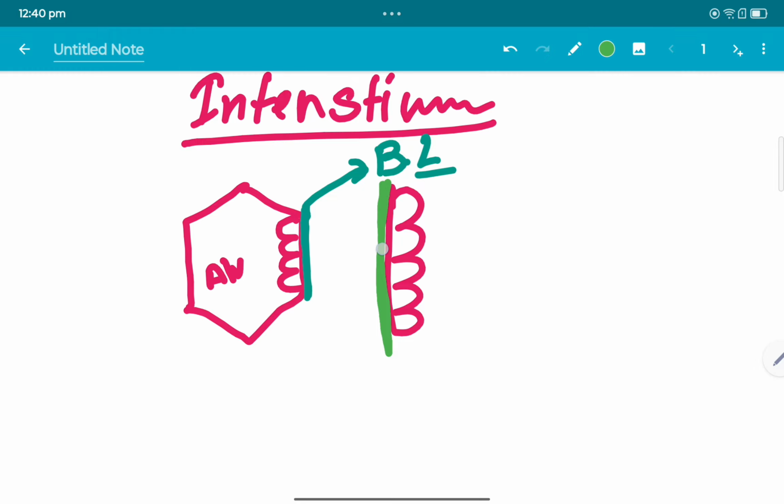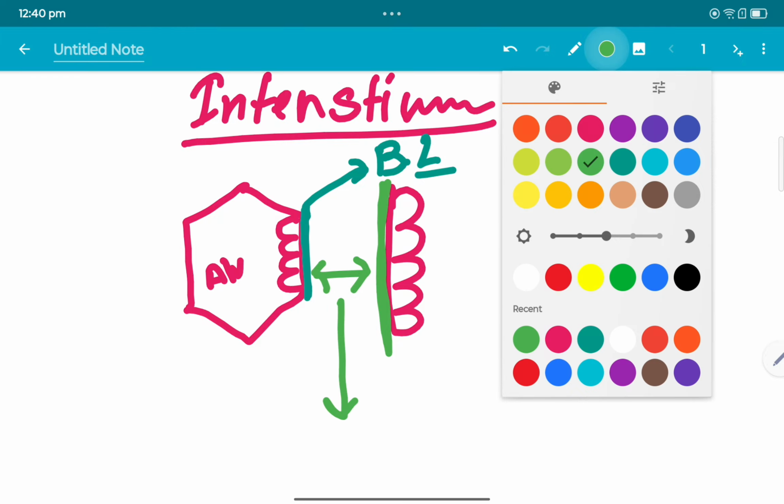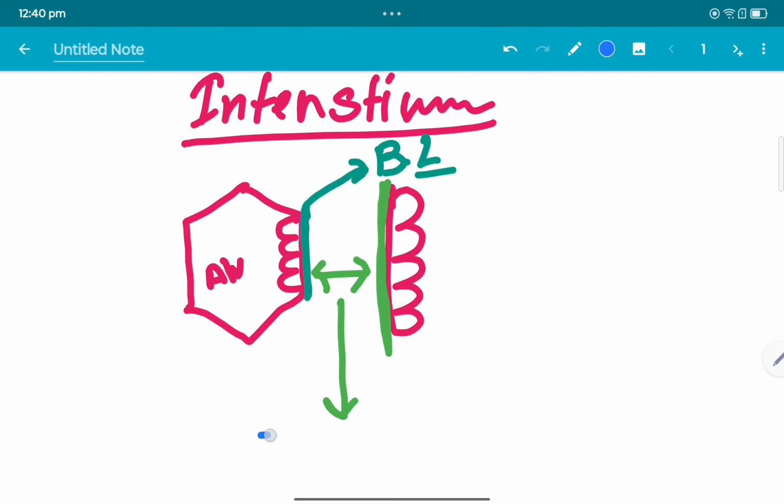So the space between this, the area between the basal lamina of the alveolar epithelium and the basal lamina of the capillary endothelium, is called interstitium.